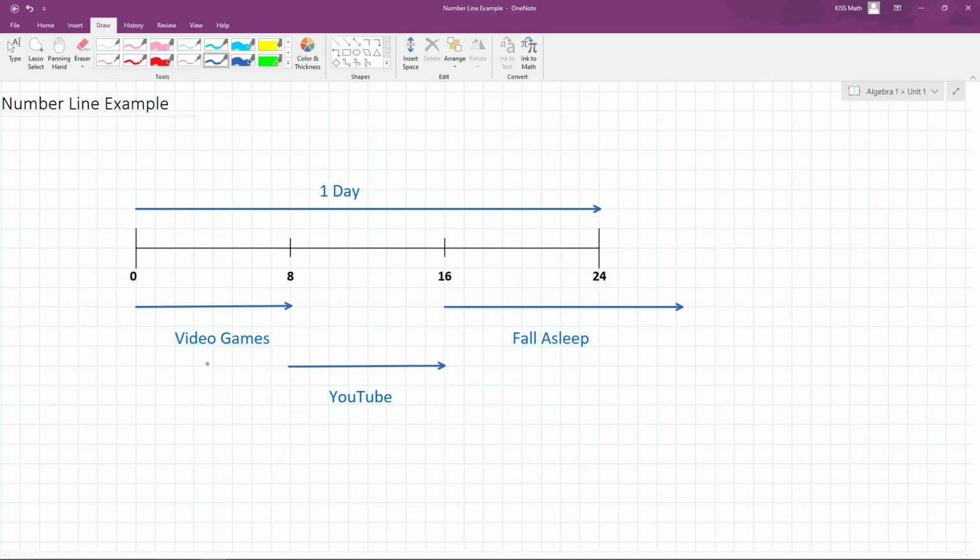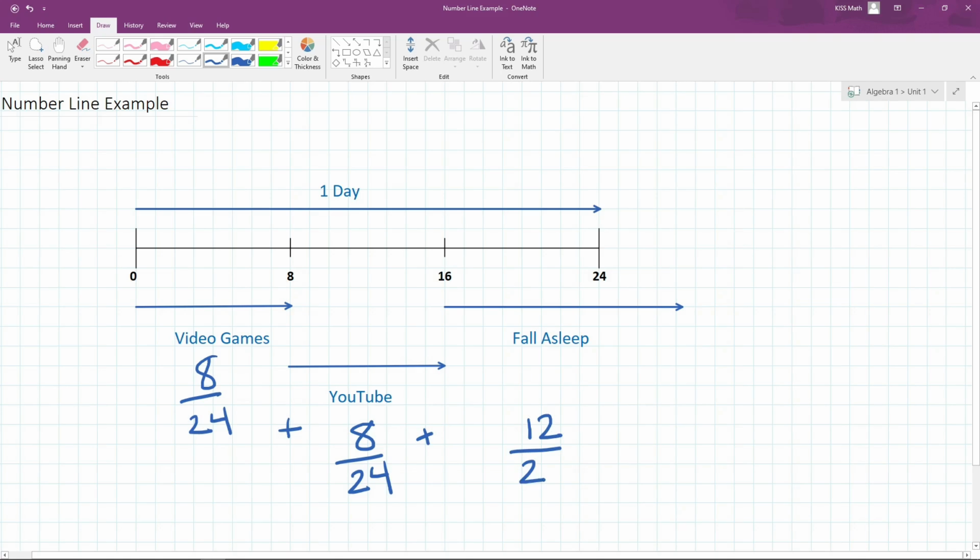So you have 8 out of 24 hours spent here, 8 out of 24 hours spent here, and 12 out of 24 hours spent here, for a total of 28 hours out of 24.